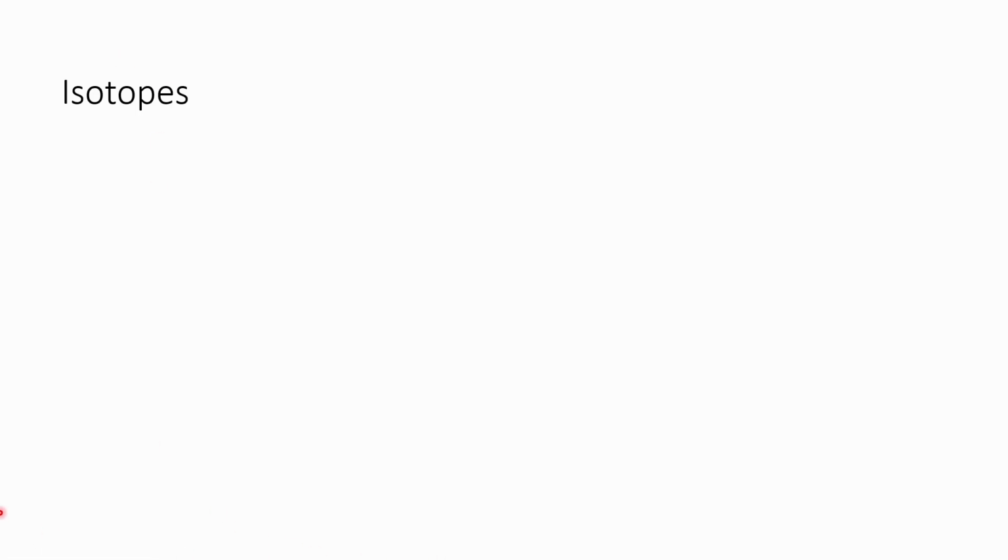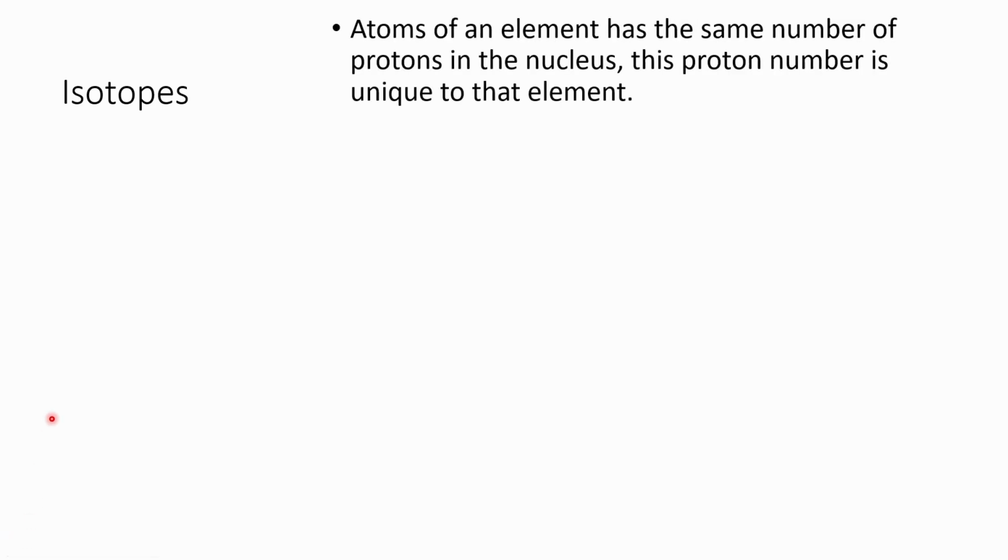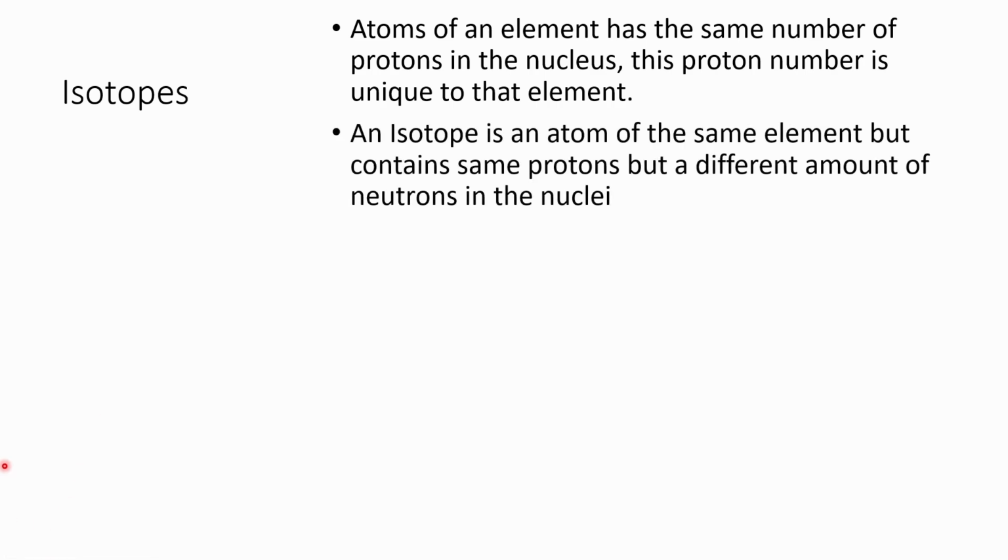Okay, so an isotope is an atom which has the same number of protons but has a different amount of neutrons. Now it's important to note here that the number of protons is unique to that element. It's what gives an element its identity.